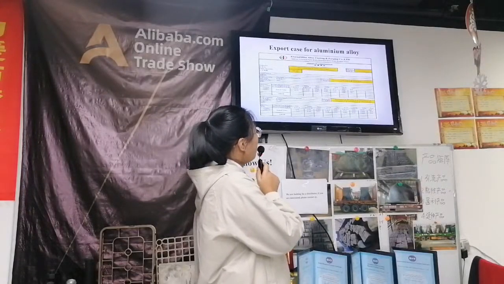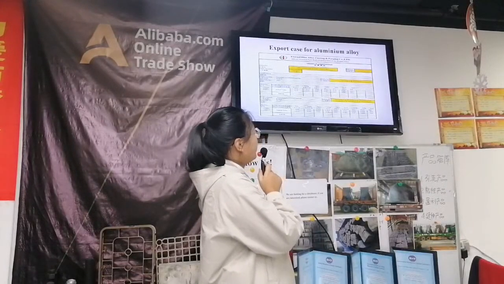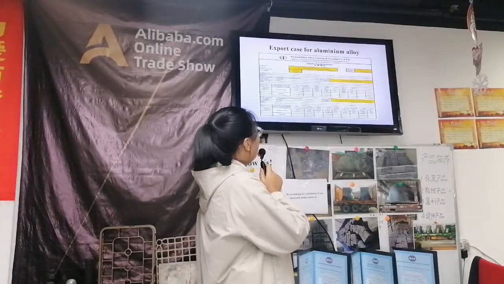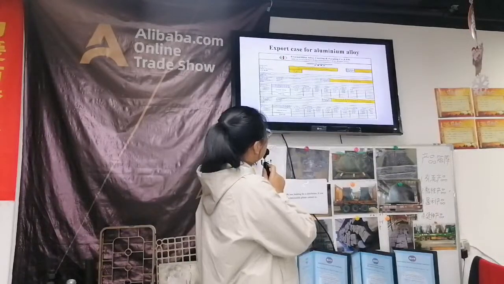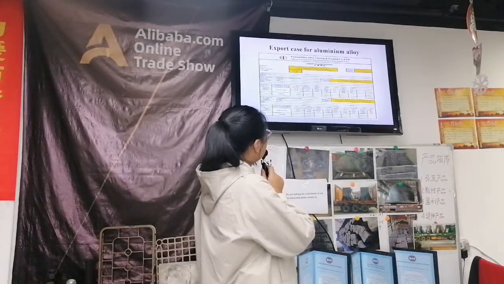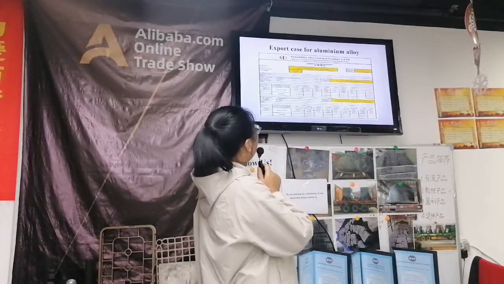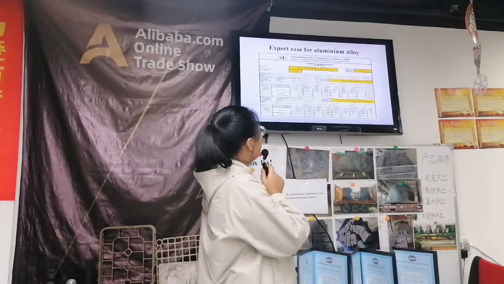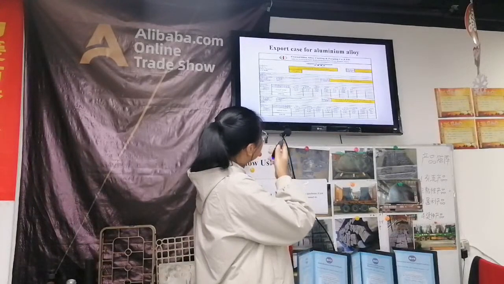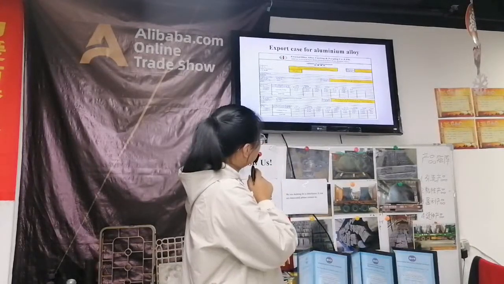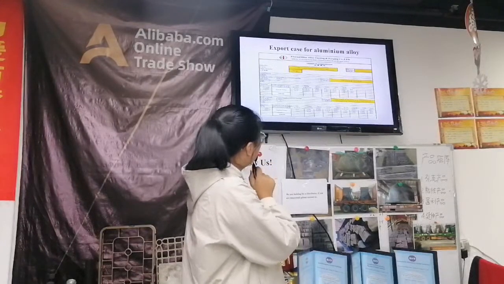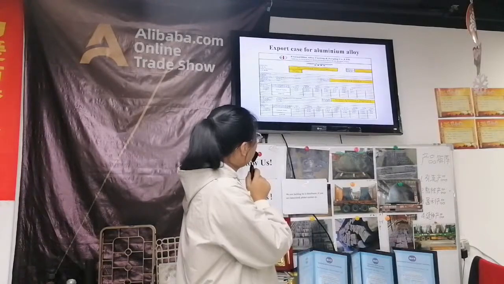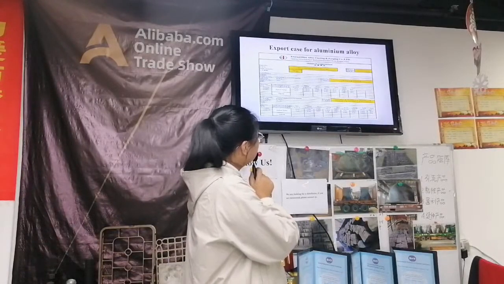This one is the chemical composition for aluminum alloy. You can see this test report has two materials for aluminum alloy. The first one is aluminum 6063. The second one is DL101.